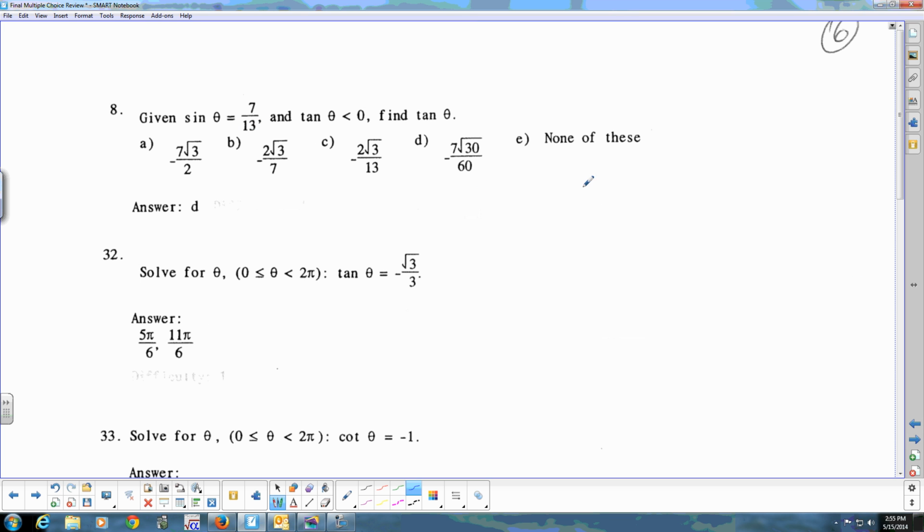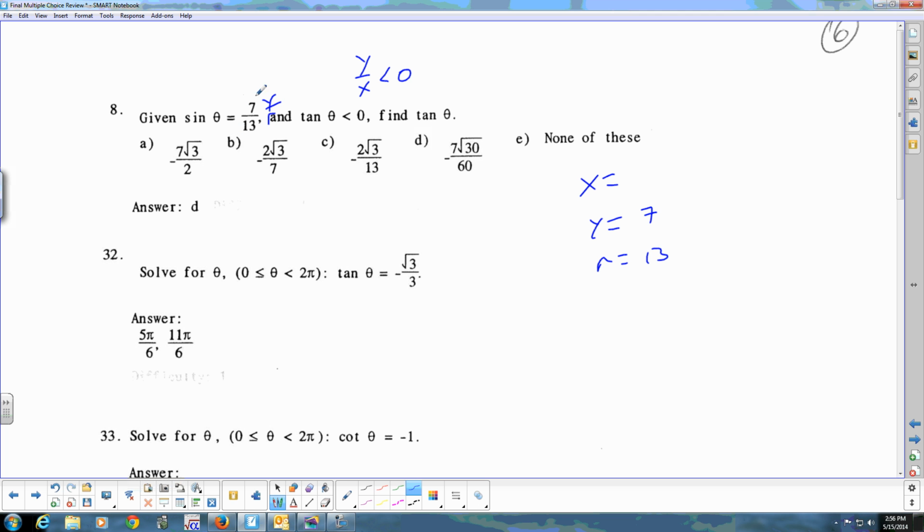Sine is 7/13. X equals, y equals, r equals. So sine is your y over your radius, so that would be 7/13. Tangent is negative, so that means y over x is less than 0.